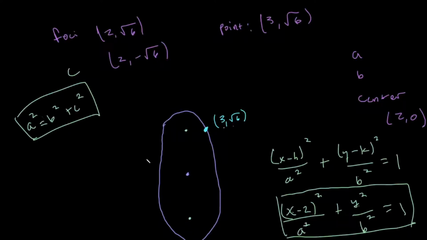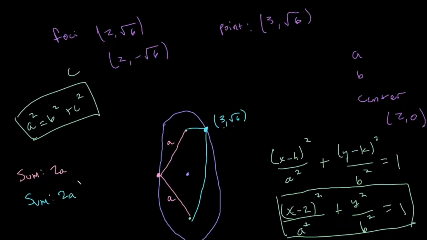So, at this covertex, the distance from the covertex to the focus, we know by our little anatomy diagram, is a. So both of these legs sum to 2a. On the other hand, I don't know what each of these legs are, but they better sum to 2a.